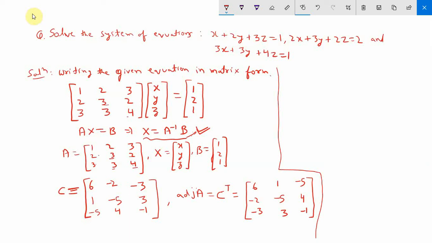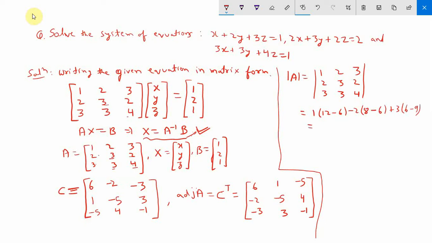Next, we will find the determinant of A. So determinant of A we can write as [1, 2, 3; 2, 3, 2; 3, 3, 4]. Expanding this we will get 1 into (12 minus 6) minus 2 into (8 minus 6) plus 3 into (6 minus 9).